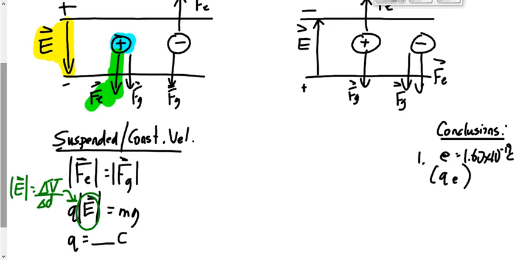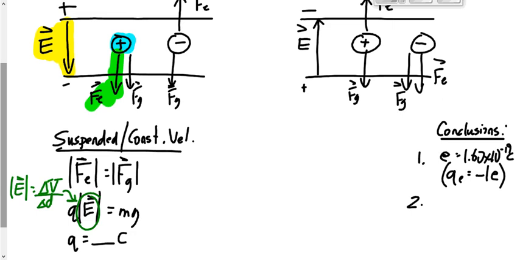Or, I shouldn't say that, because the charge of the electron is not the elementary charge. It's -1 times the elementary charge, right? -1 times 1.6. By the way, if you see a question that says the charge is 8e, that just means it's 8 times the elementary charge, or -3e, it just means it's -3 times the elementary charge.